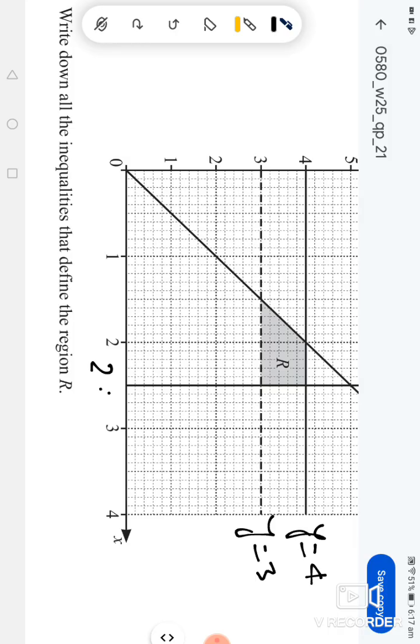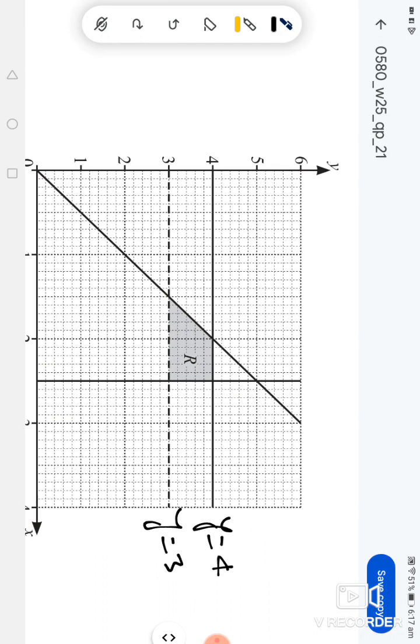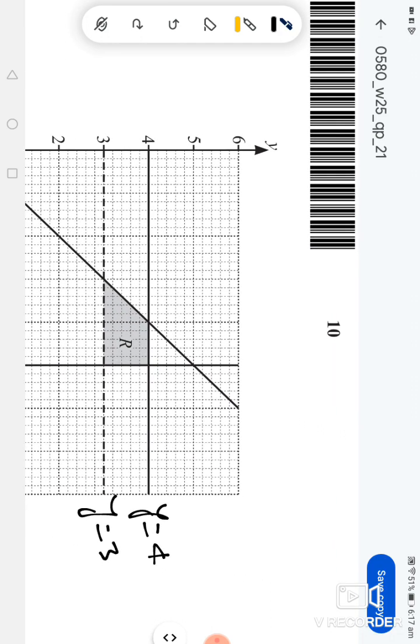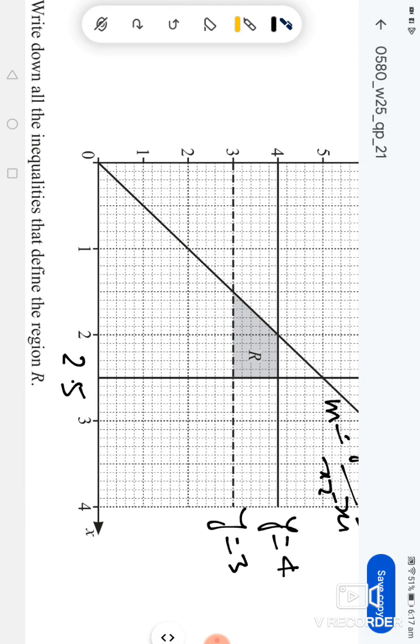And here 2.5 only, right? So find out the gradient. So m equal y2 minus y1 by x2 minus x1. This is 0.5.